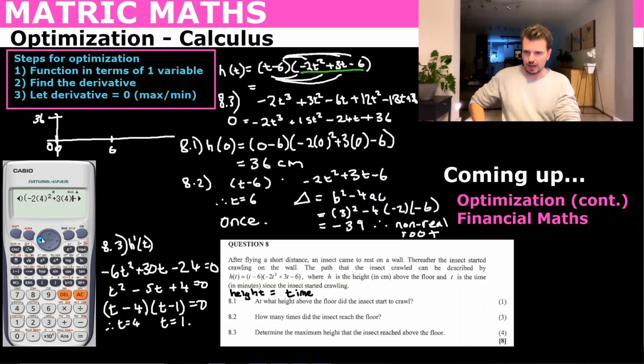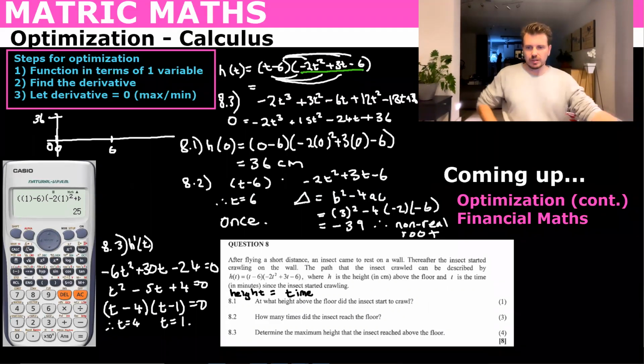Let's see if we get a higher one when it's 1. Okay, we get 25. So we know that the maximum is the one that we get 52 with.